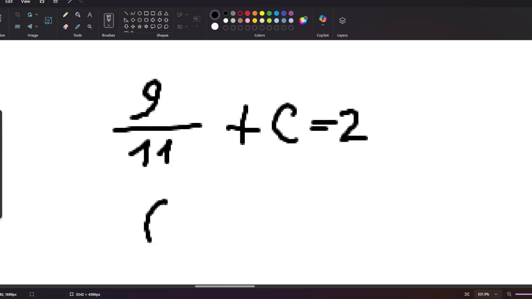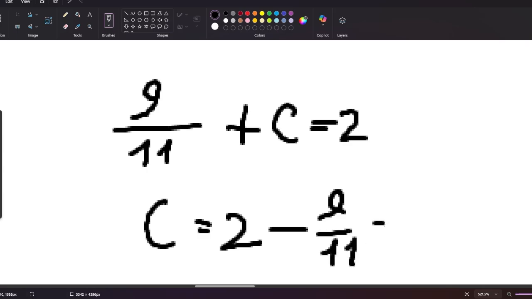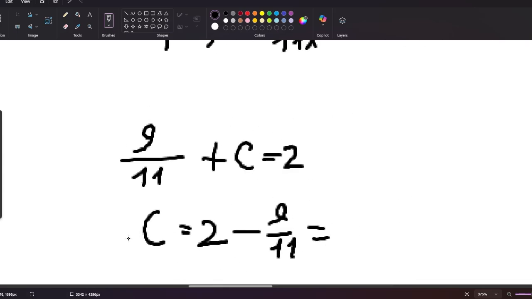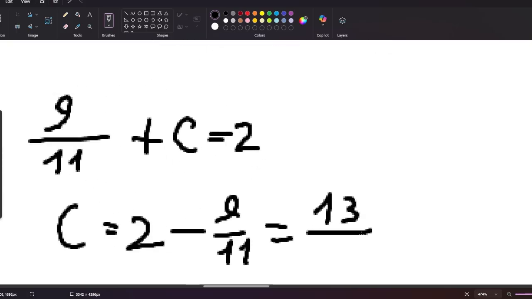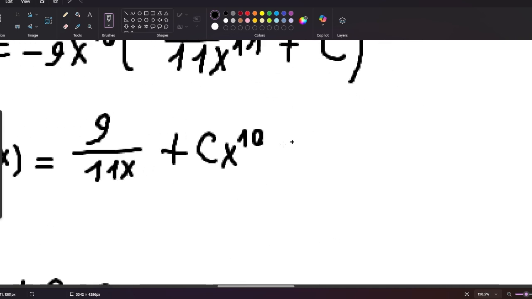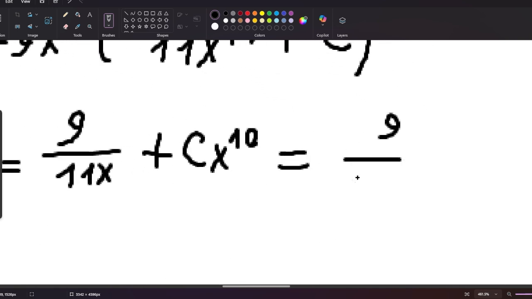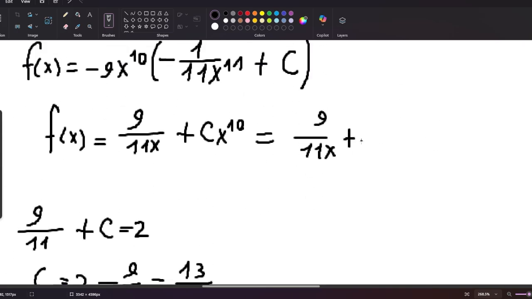So c is just 2 minus 9 over 11. So 22 minus 9 is going to be 13 over 11. So f of x is 9 over 11x plus 13 over 11 x to the power of 10.